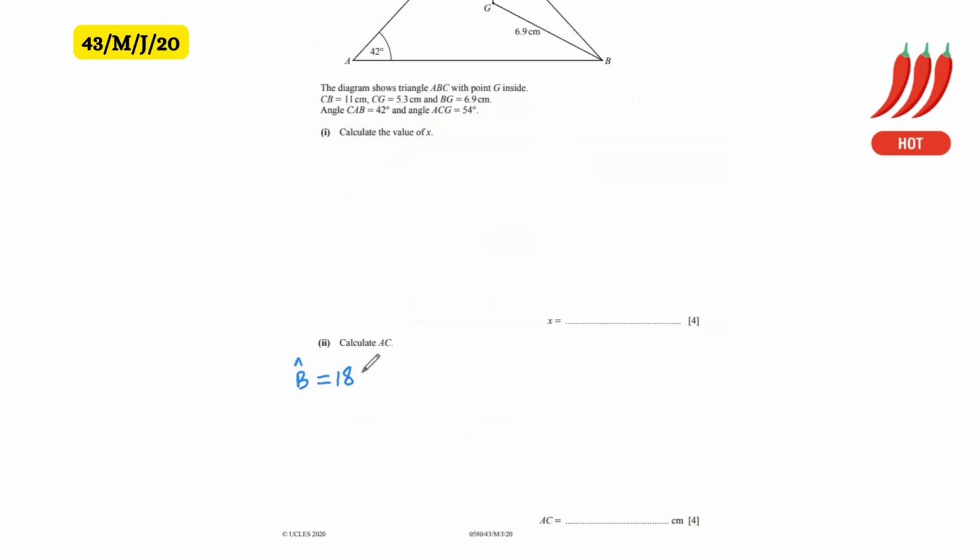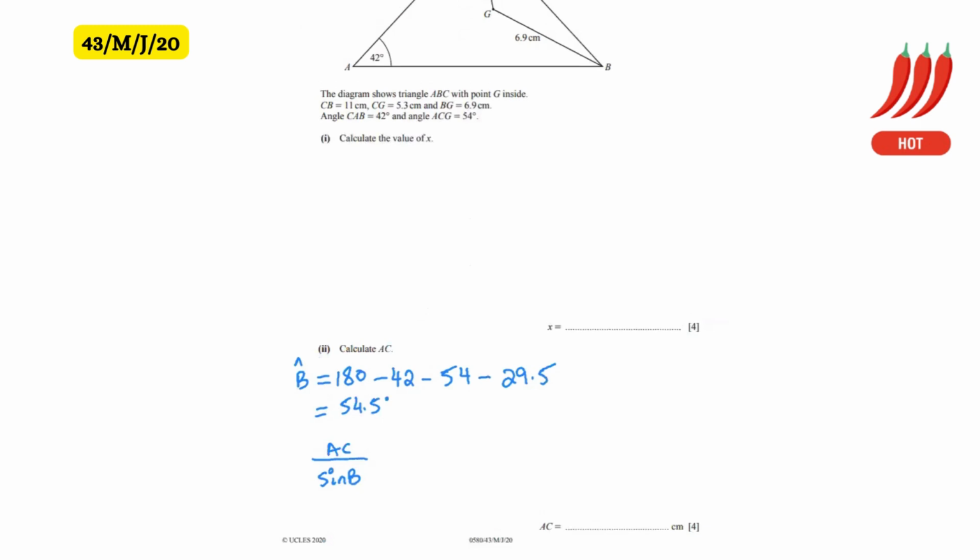That's going to be 180 minus 42 minus 54 minus 29.5. That's going to give us 54.5 degrees. So now, since we need to find AC, it's going to be AC over sine of angle B, because that's the angle that is opposite to length of AC.